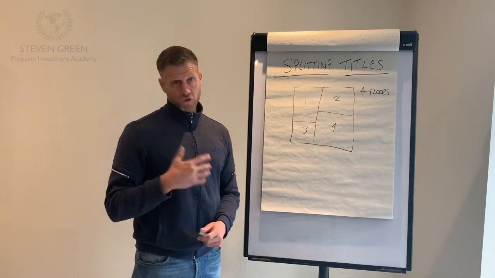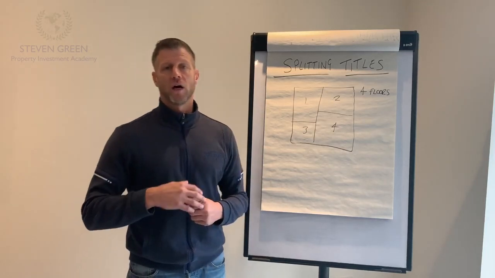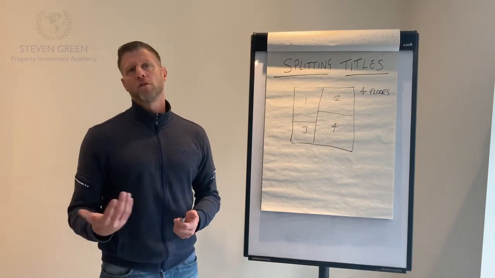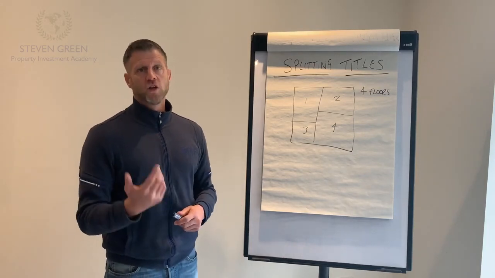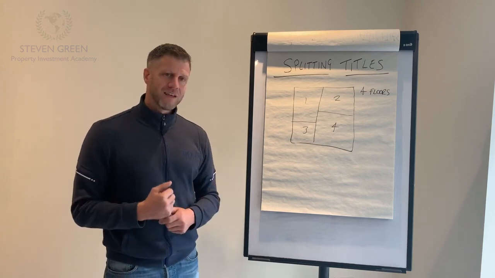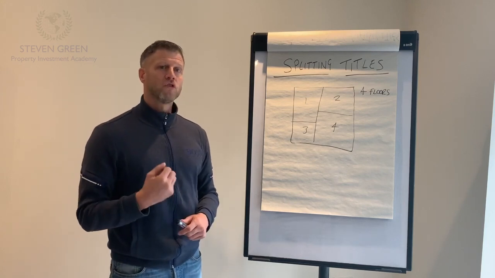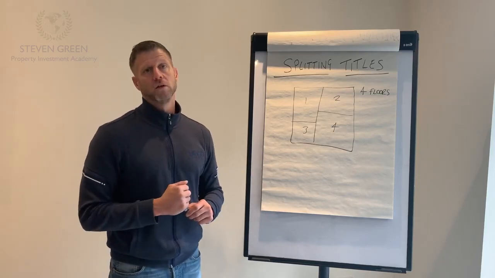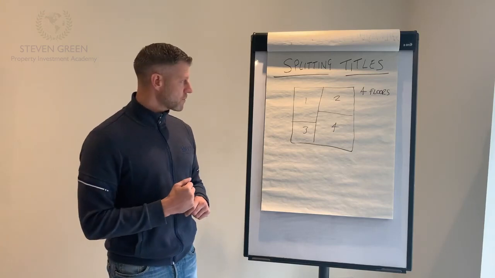Now, to split the titles, obviously you've got a little bit of work involved in that. You've got your solicitor do a little bit of work, and it probably costs us around about £5,000 to split the titles on this particular building, meaning that we gained an additional £145,000 by splitting the titles on this building.